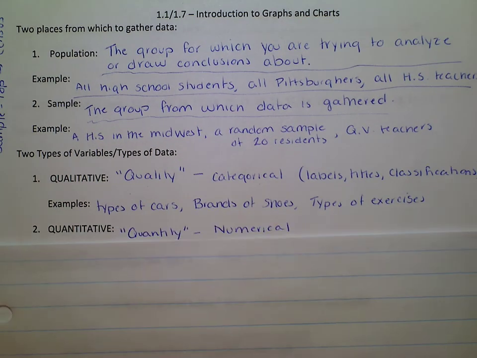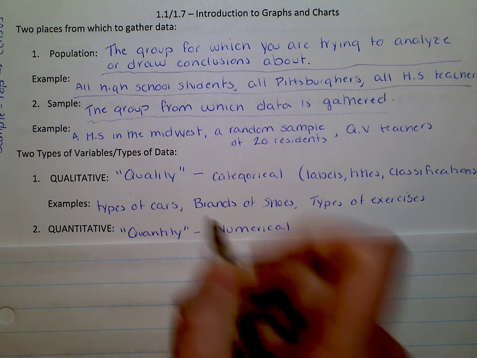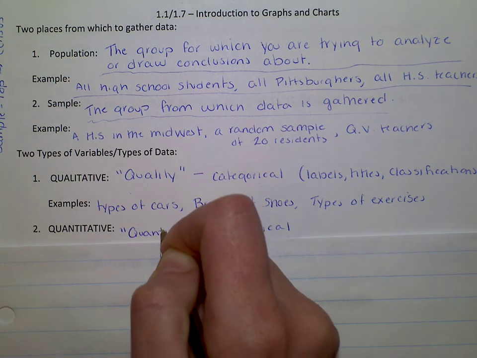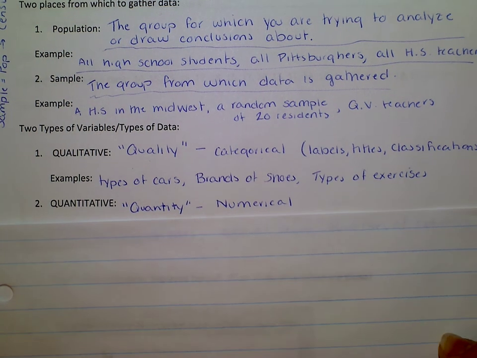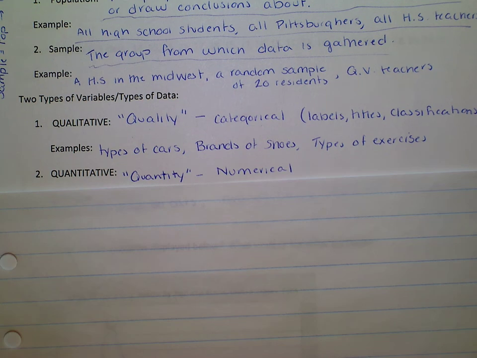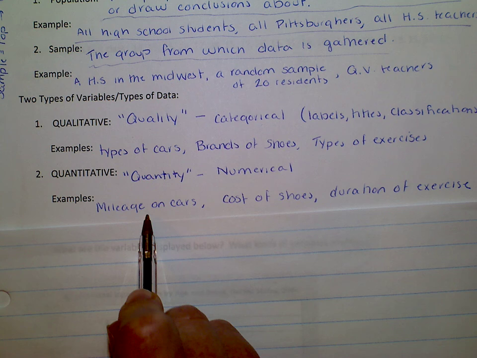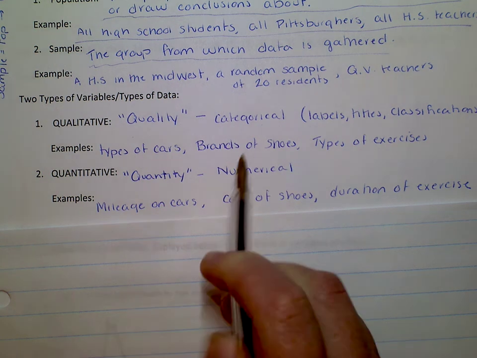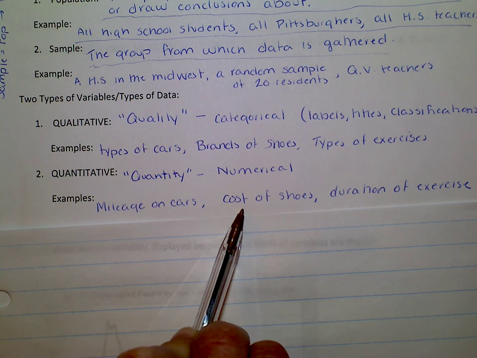That leads us to quantitative, and you can see I wrote the word quantity, and this really helps me keep it straight here, because quantity, we know that's referring to something that's numerical, and so we can often have numerical data. So maybe instead of types of cars, you record mileage on the cars. Maybe instead of the brands of shoes, you record the cost of a pair of shoes.